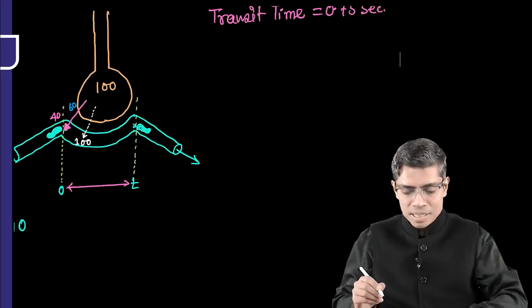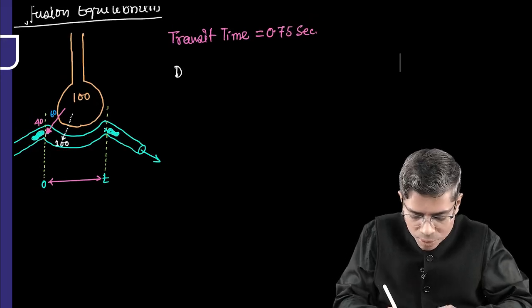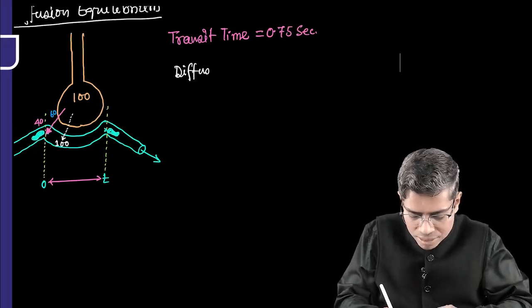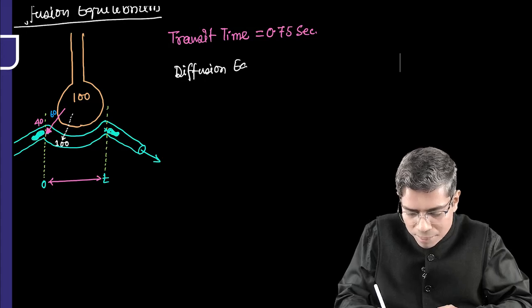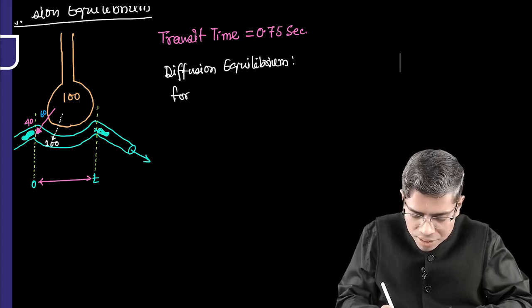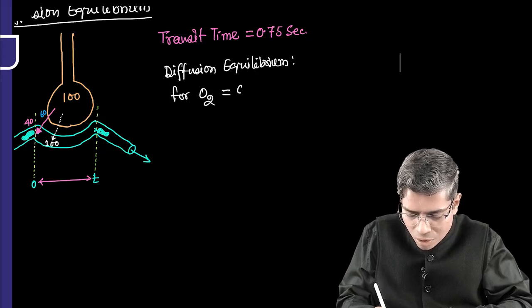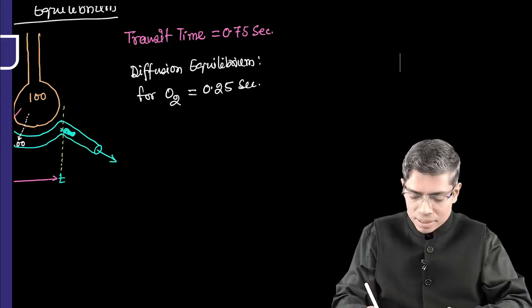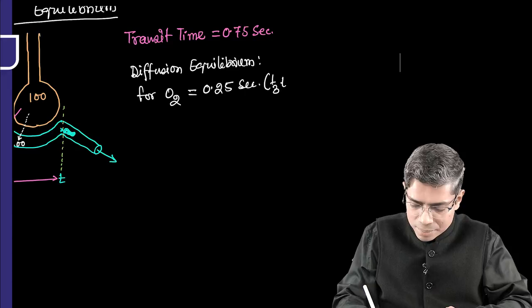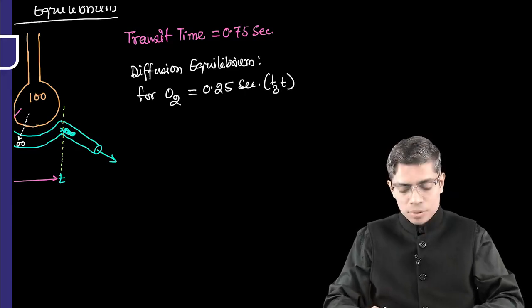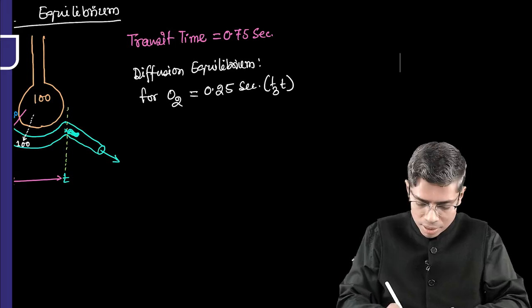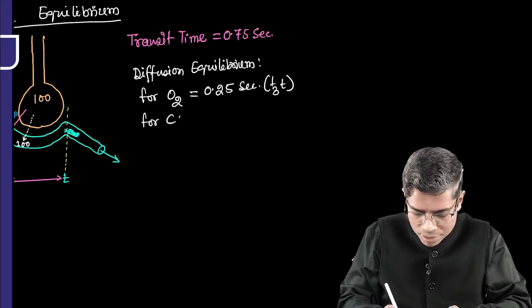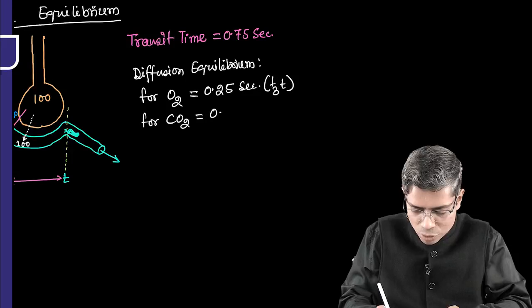That means if I ask you how much time the diffusion equilibrium for oxygen requires? 0.25 second only. That is 1/3 of the total transit time required for the diffusion equilibrium of oxygen to occur. For carbon dioxide also the same amount of time, that is 0.25 second, is required.